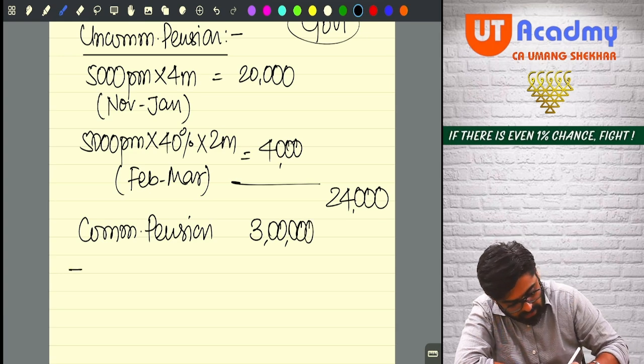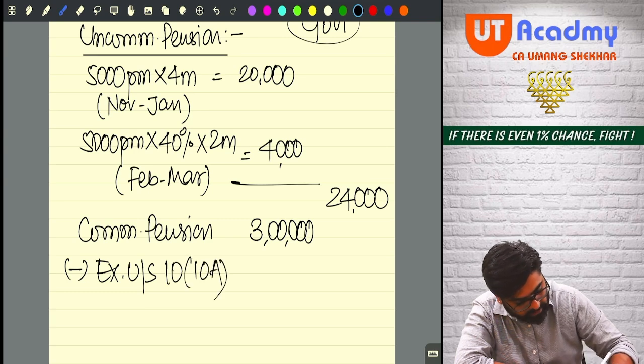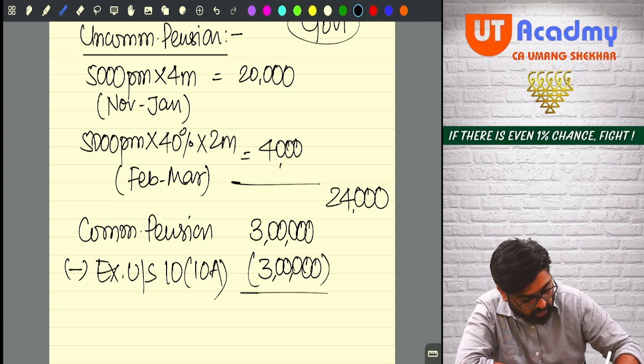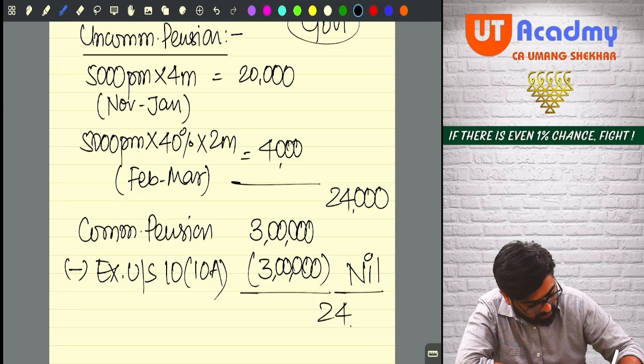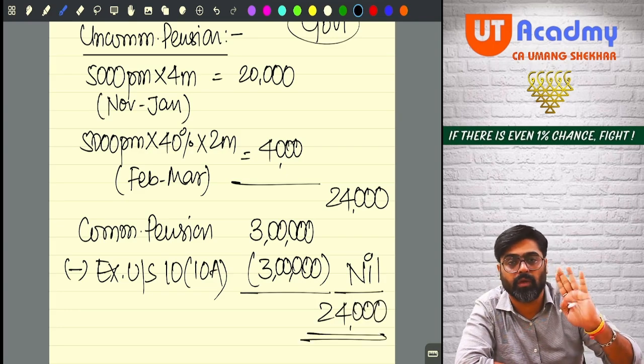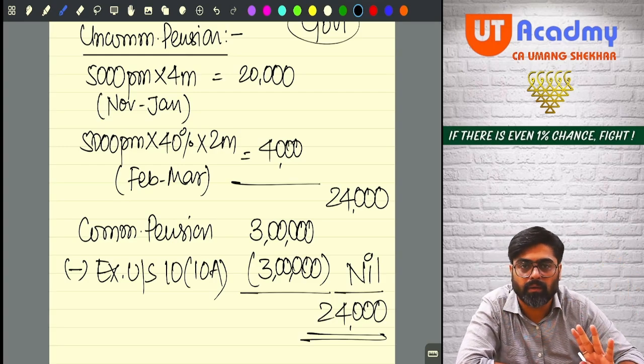Out of that, he will get the exemption under section 10(10A). How much? Full 3 lakhs, full exemption for commuted pension. So how much will be taxable? Nil. So total taxable pension for him, if he is a government employee, is 24,000 only, only the uncommuted part. Any problem till here?